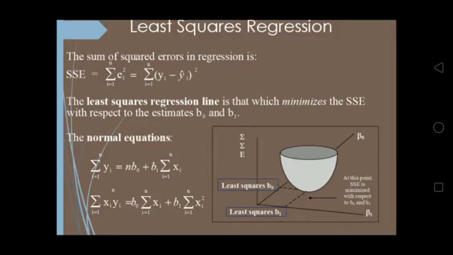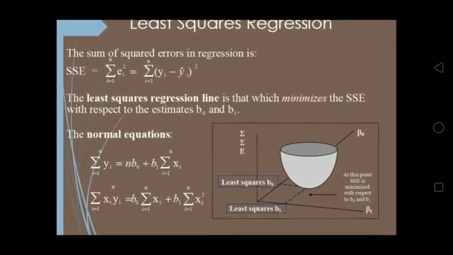The normal equations are: sum of y = n b0 + b1 times sum of x, and sum of x times y = b0 times sum of x + b1 times sum of x squared.